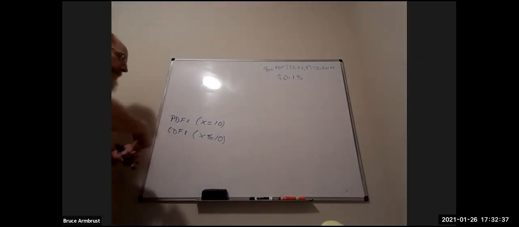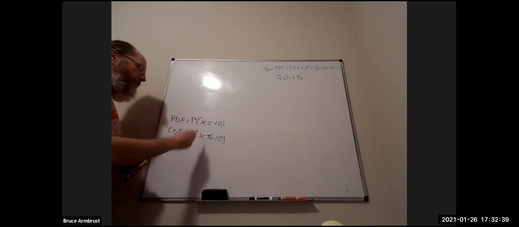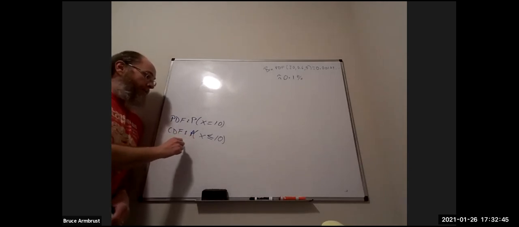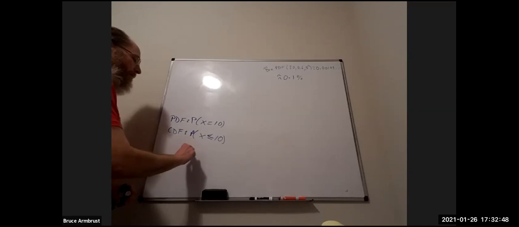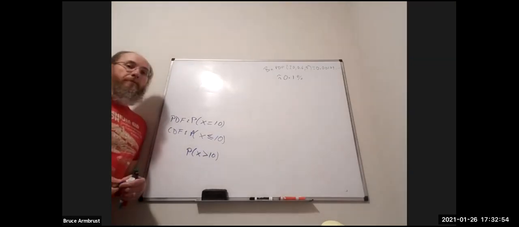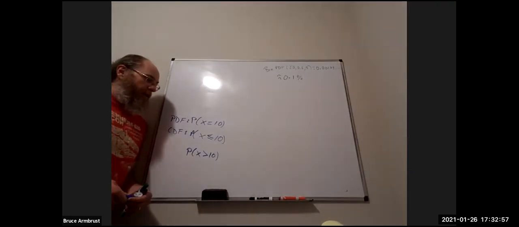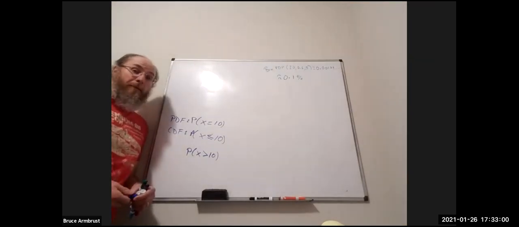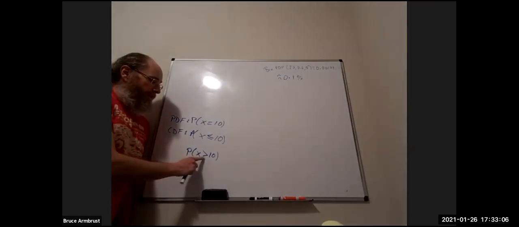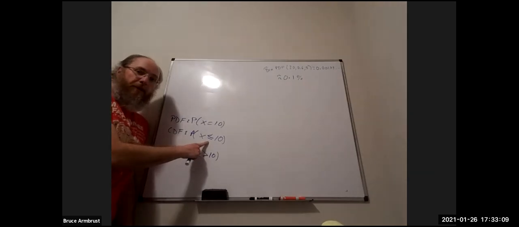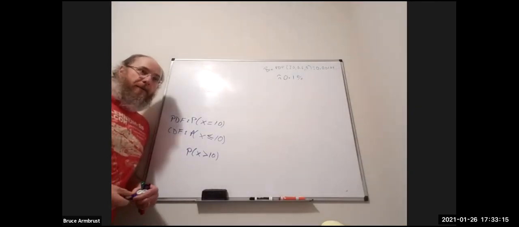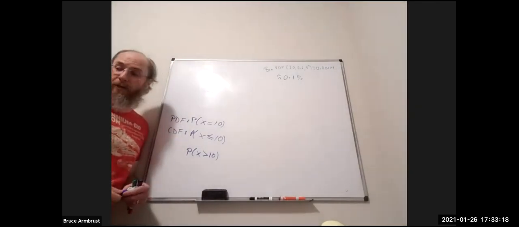Now, this is great for those, but let me show you what you have to do if you want other kinds of probabilities. If you want the probability that, say, X is greater than 10, we don't have a command to do that. So what we have to do is recognize that this one is the complement of less than or equal. This is everything else, and the way we get complements of probabilities is by subtracting from 1.